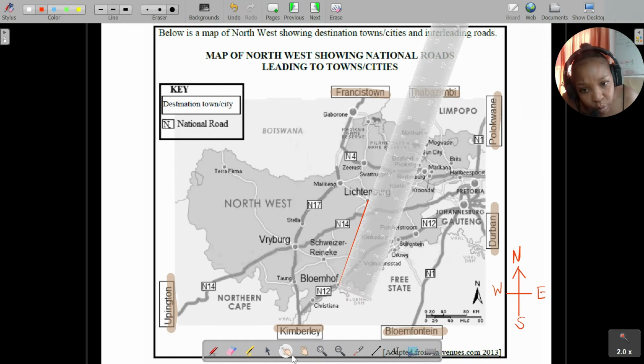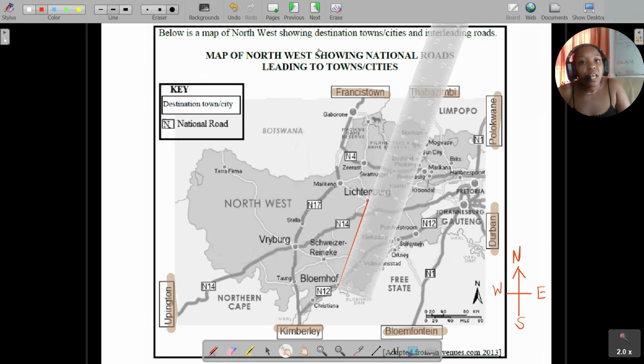Let me see if I can put a pointer there. It's 0, 1, 2, 3, 4.5. Remember, my ruler measures in centimeters, right? So it's 4.5 centimeters. But if you were measuring in millimeters, you would get 45 millimeters.